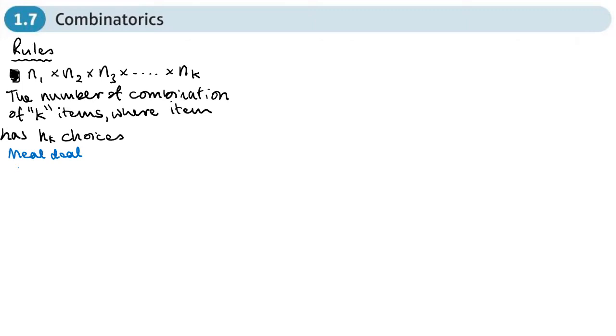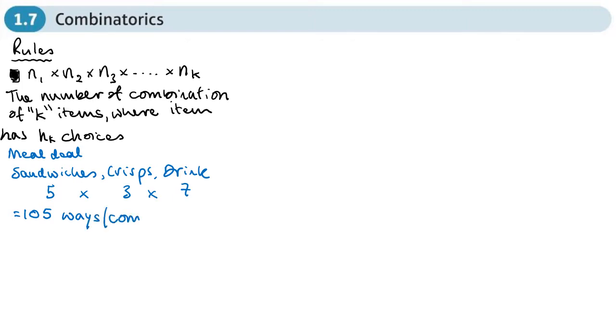So here's an example. A meal deal consists of sandwich, crisps, and drinks. So let's say I've got 5 different choices for sandwich, 3 choices for crisps, 7 choices for drink.